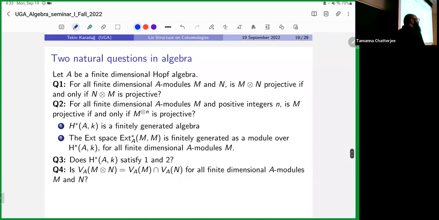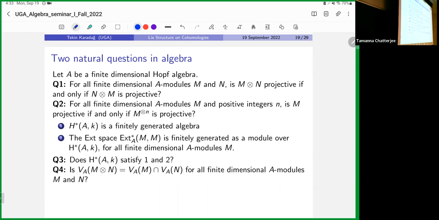Okay, I will define Hopf algebra cohomology, but before that I want to give you a motivation. Here are two main questions in Hopf algebra. Let's say A is a finite dimensional Hopf algebra, and we want to find the answer to question 1 and question 2.